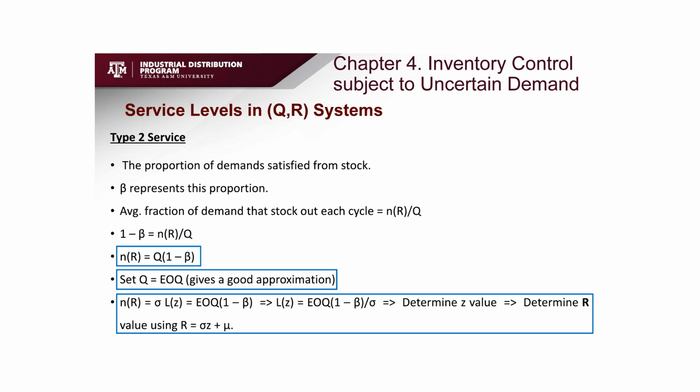We approximate Q with the EOQ, and for normal demand, n(R) = sigma L(z), the standardized loss function. You set sigma L(z) equal to EOQ times (1 − beta), solve for L(z), look up z, and finally R = sigma z + mu. More steps, but the same toolkit.